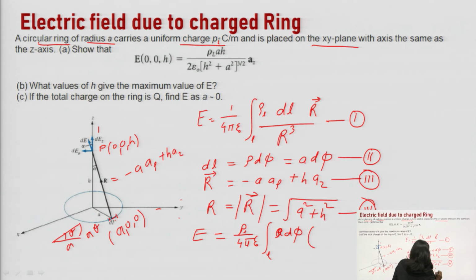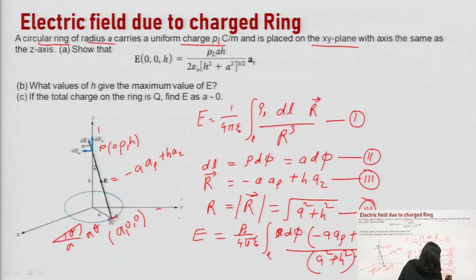Then r will be taken from equation 3, this is minus a rho plus h az. In the denominator we will have r cube, so we will have a square plus h square to the power 3 by 2. Now we got the equation. Now we need to simplify a little bit.